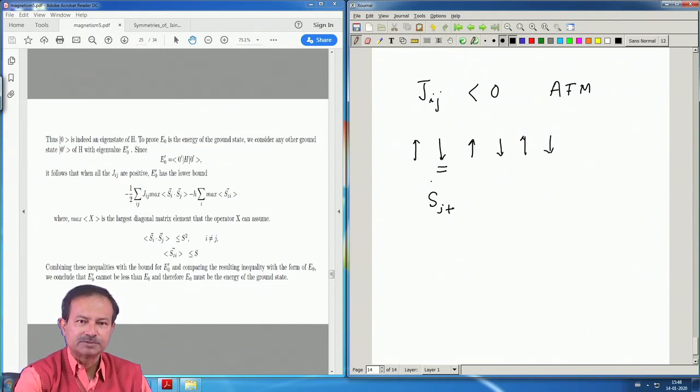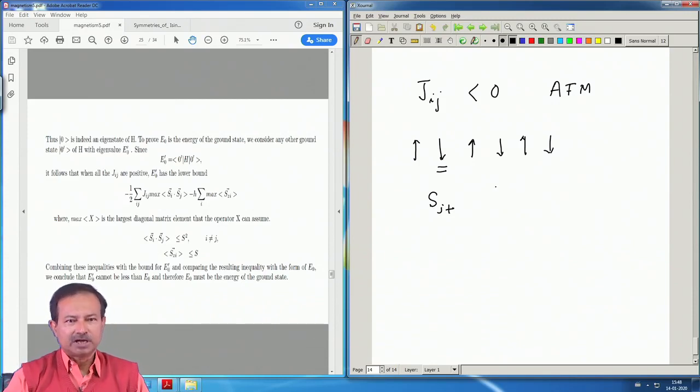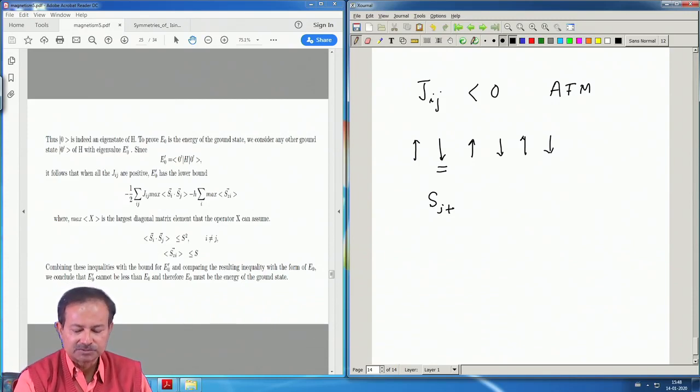It will raise the spin from minus S to minus S plus 1. In the spin half case, it will go from minus half to plus half, that means it will just turn up. So, it is not 0, and then you have a different state.